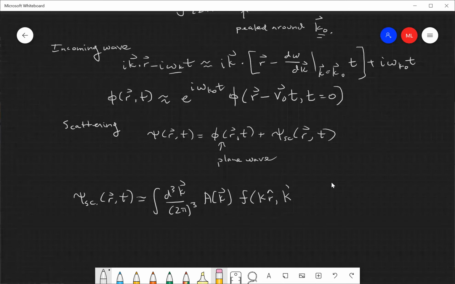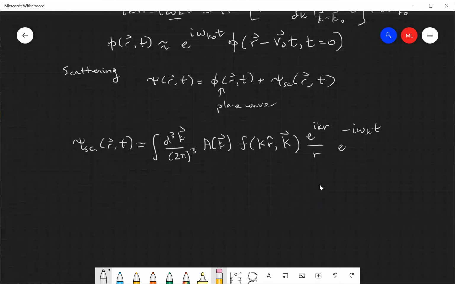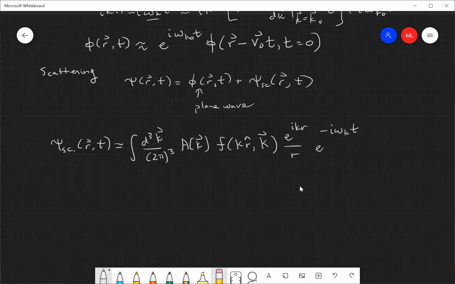It also depends on the incoming direction, and it's multiplied by a spherical outgoing wave. And again, there's this factor that corresponds to the complex phase that it picks up.